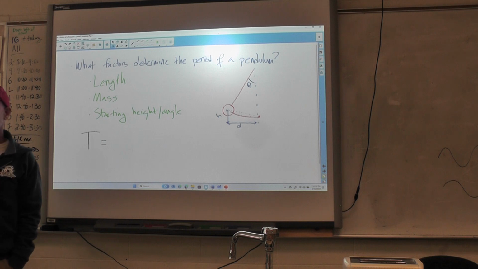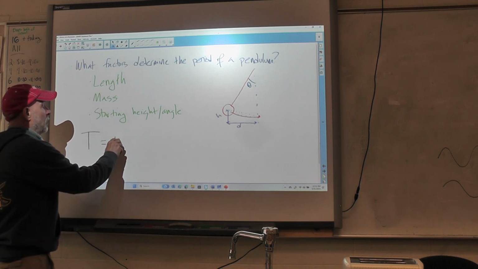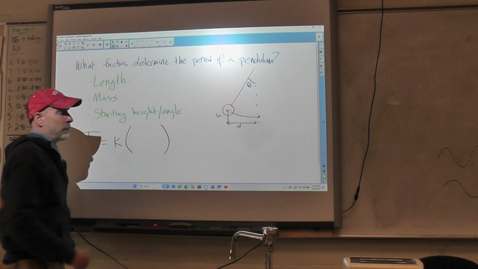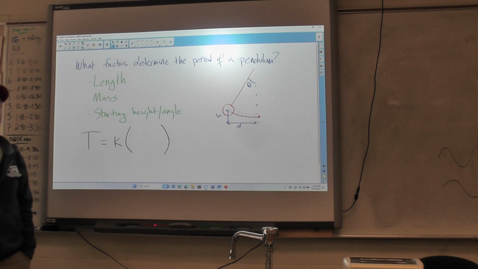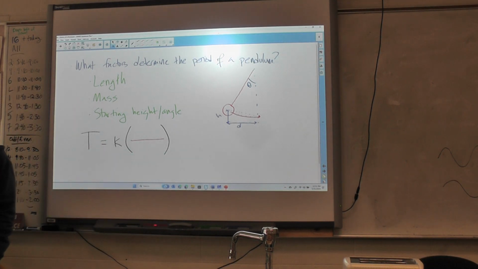It's not going to be T equals and then something about any one of these things. There's going to be some constants involved, but what we really want to know is where do these factors show up in the ratio that we're multiplying that constant by.